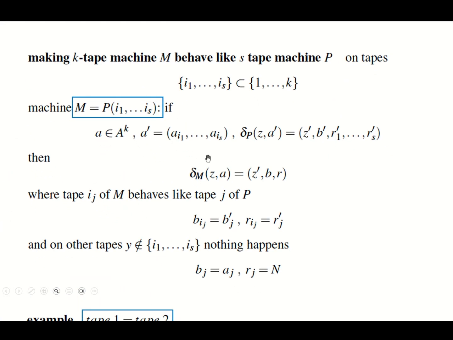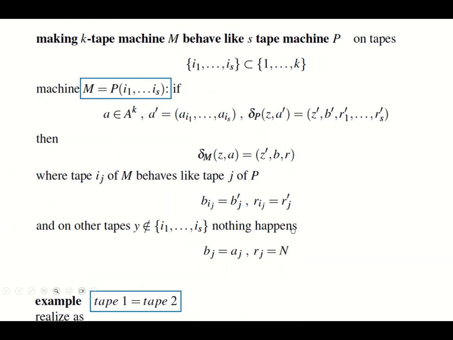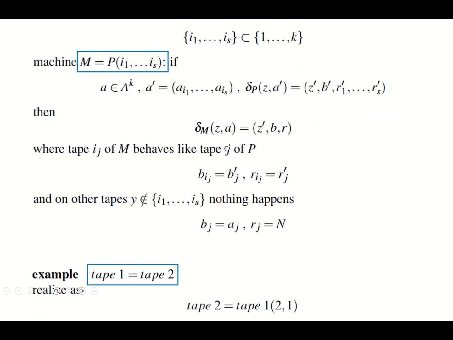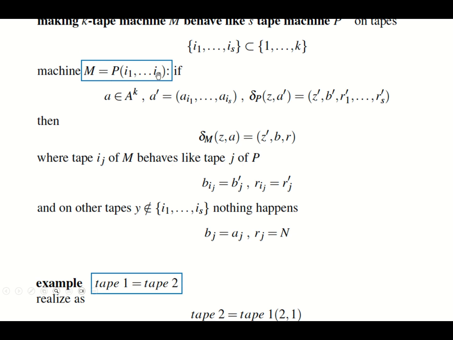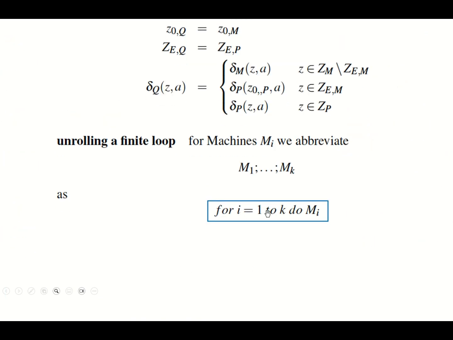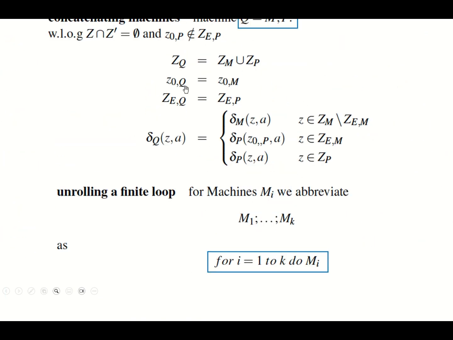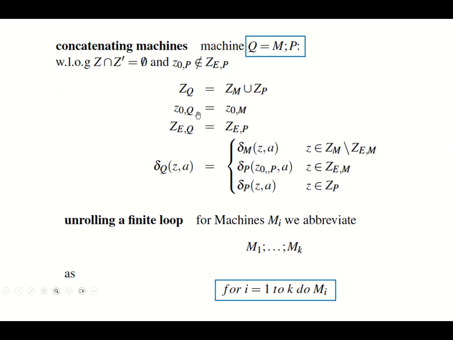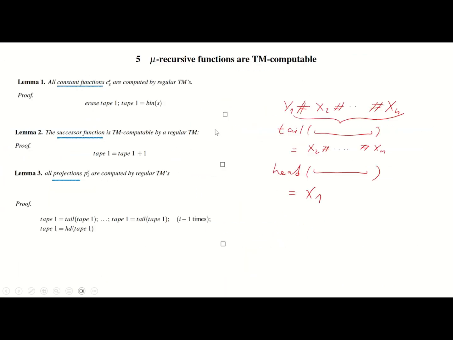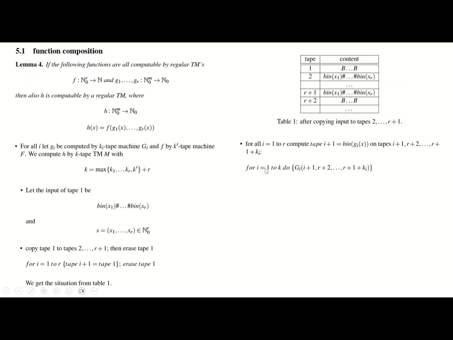This is just to reiterate that all the syntax that we were using is exactly things that were constructed here before. So this is this G, i plus 1, r plus 2, blah blah blah. This was exactly this Turing machine that was indicating to do exactly what G did, but use the tapes this and this. And the for loop that we're using is just a concatenation of Turing machines that was formally and completely described here. So what I am really saying is that all the syntax that I'm writing are actually definitions of Turing machines.